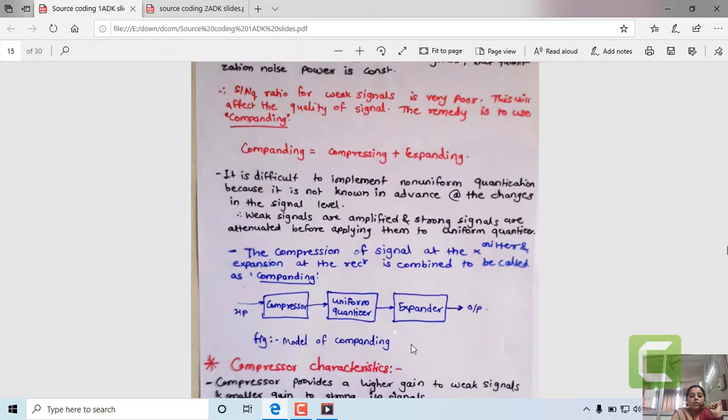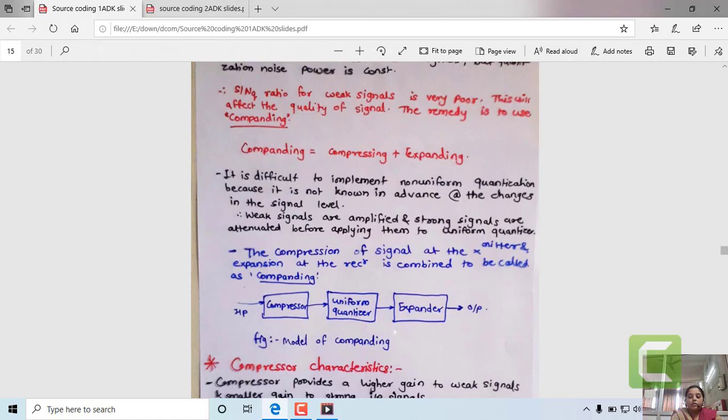But if the signal is originally weak, then at the initial stage, instead of a compressor, we have to implement an expander. Then the uniform quantization has to be applied, and on the receiver side, the opposite of the expander processing, the compressor block, has to be applied.